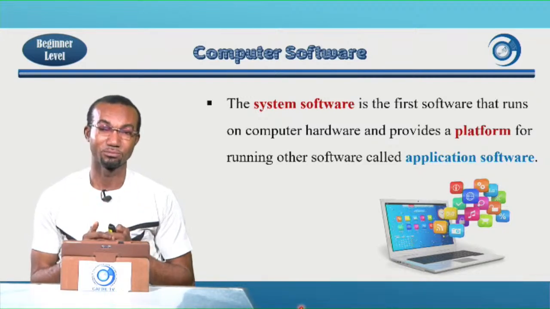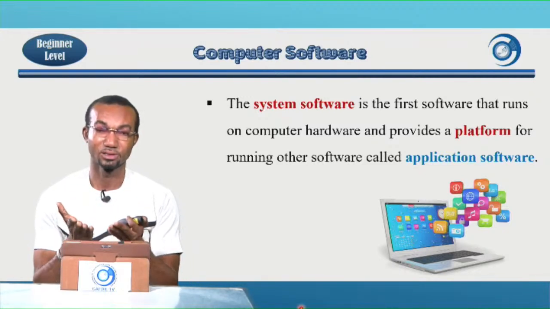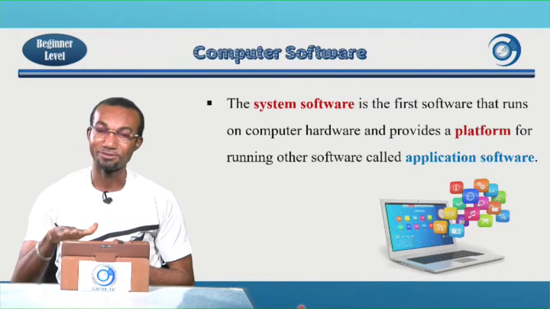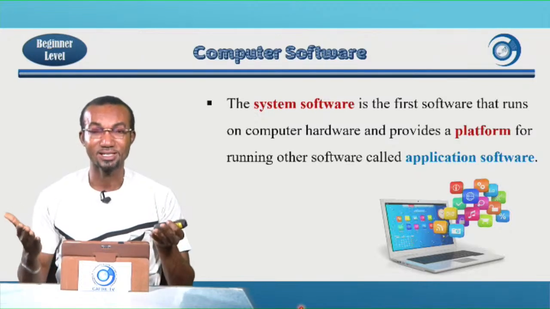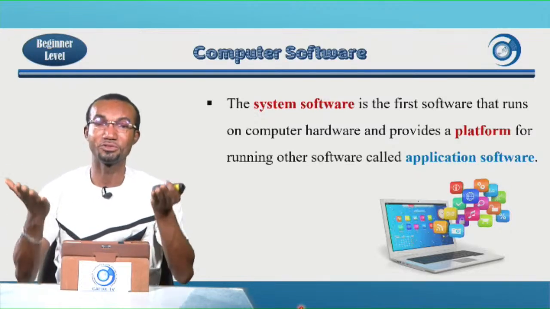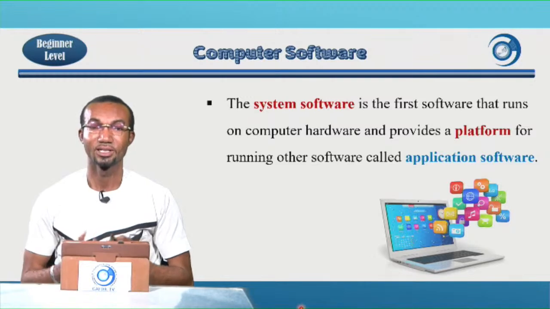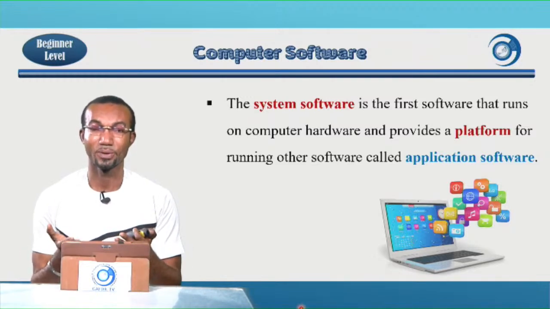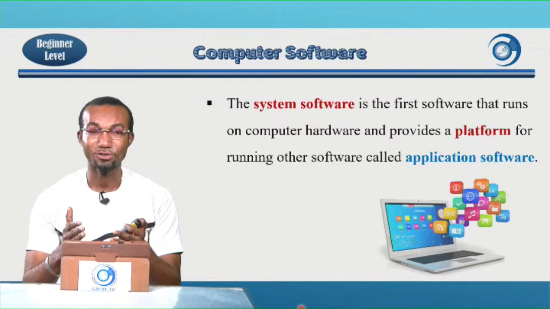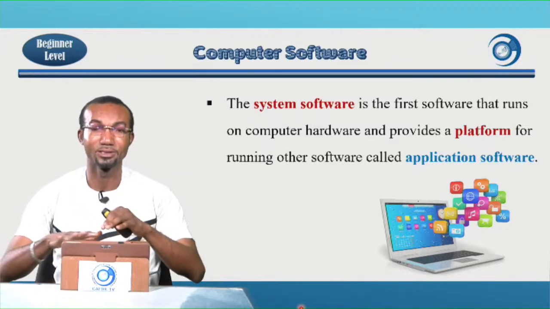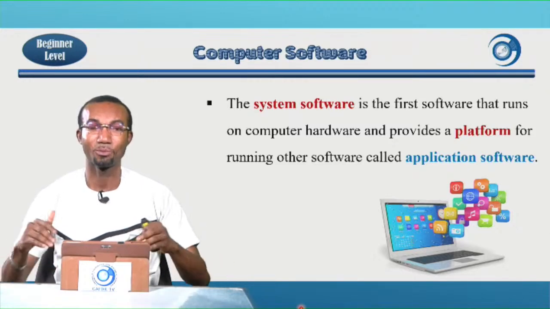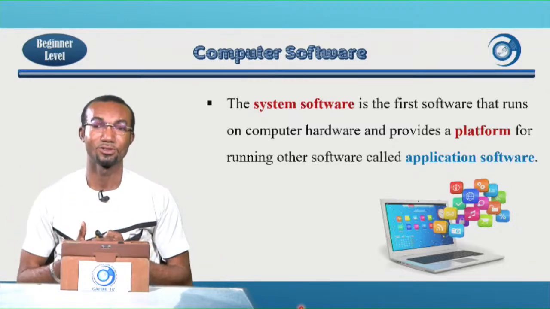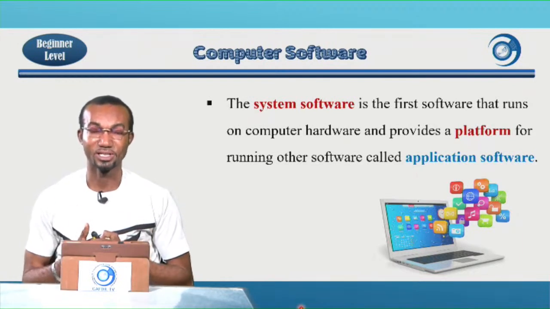It forms a platform. When you are building, what is your platform? You do the foundation first, and that foundation serves as a platform for you to raise the building. The same applies to the system software. The system software is the first software that runs on the hardware, that covers the hardware for you, and then provides a platform for other software called application software.